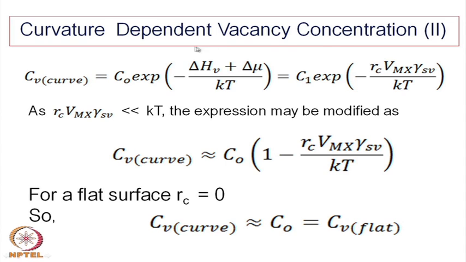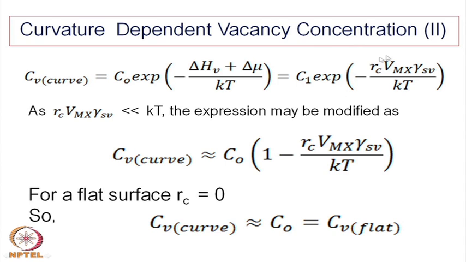If that is added, that will be the total activation energy needed for creation of the particular vacancy, and this can be simplified as C1, another pre-exponential term, with delta mu again replaced by R C mx V mx gamma is V, and then kT.